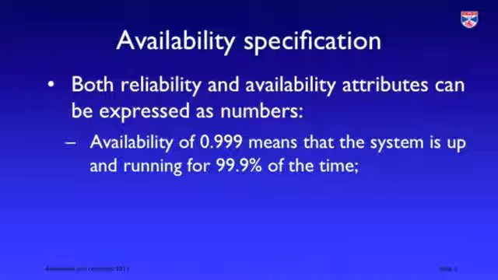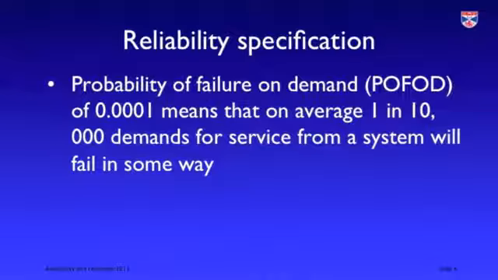Therefore, availability of 0.999 means that the system is up and running for 999 out of 1,000 time units. A reliability metric we use is probability of failure on demand. A probability of failure on demand of 0.0001 means that 1 in 10,000 demands will result in a system failure of some kind.